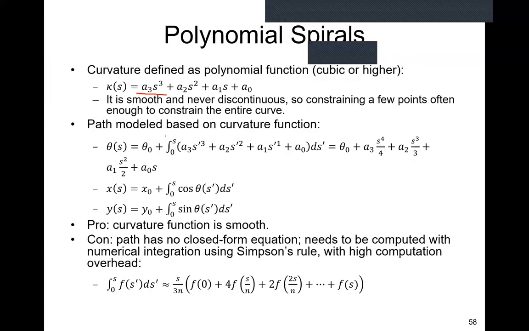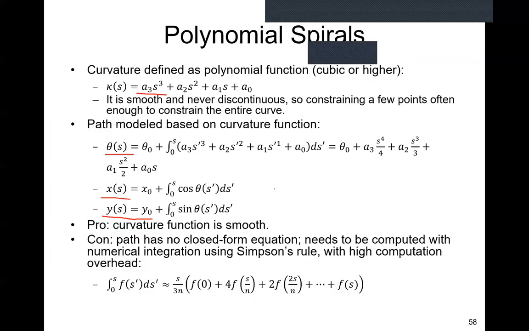So the path is modeled based on the curvature function. You get theta as the integral of the curvature, and then you define the xy positions along the path based on theta. So this is just geometry.